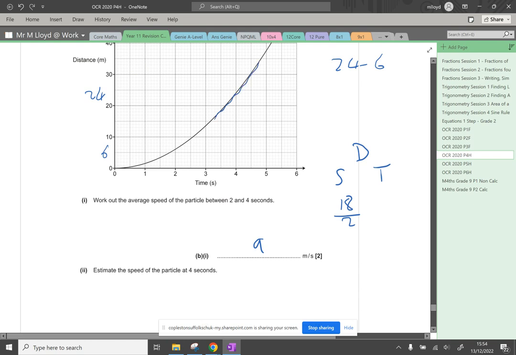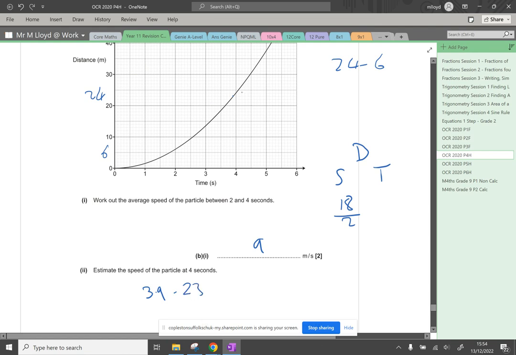It's hard to do without that Surface Pro working. So I want to pick two coordinates that are pretty close to it. I've got one there, so that is 3.9 seconds, and that goes to 23.